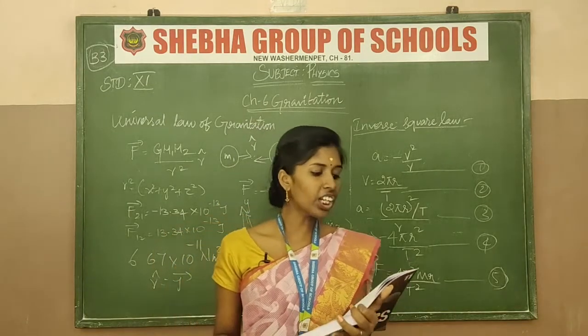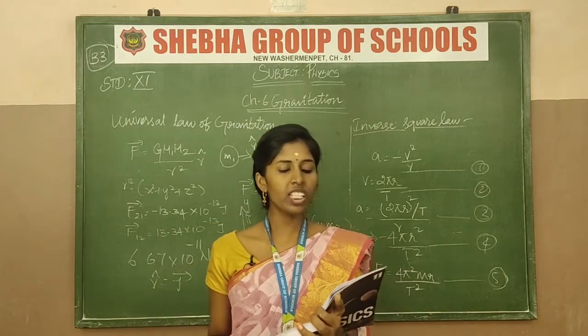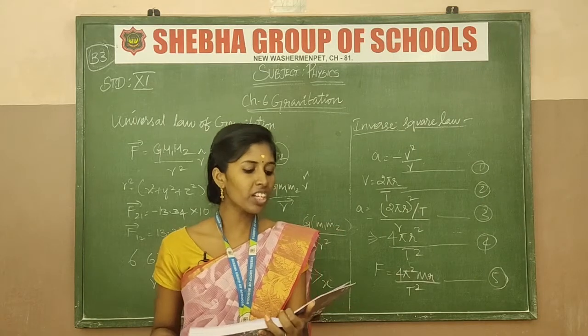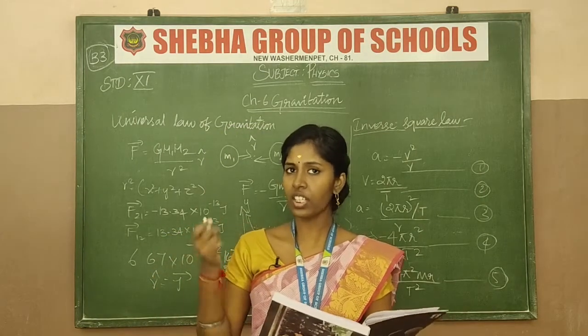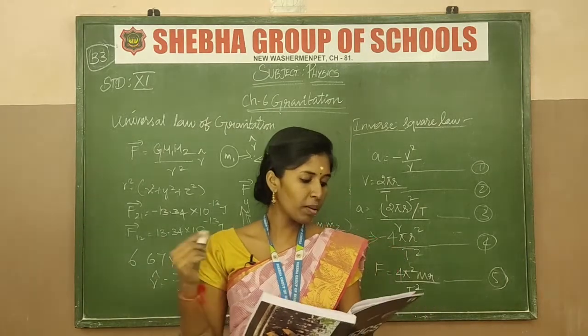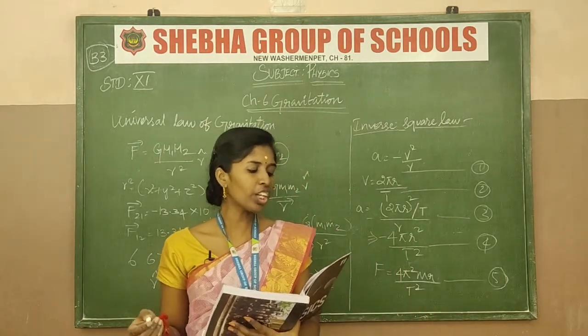So we take the torque. The torque experienced by the Earth is due to the gravitational force of the Sun. Its name is torque, so it's r vector cross F vector.